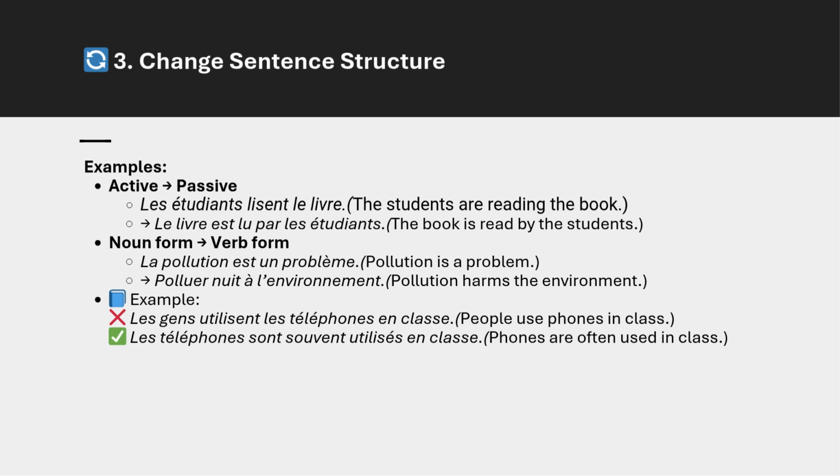Or what we can do is convert a noun to a verb form. For example, la pollution est un problème. Pollution is a problem. We can convert it into a verb form. Pollution nuit à l'environnement. Pollution harms the environment.